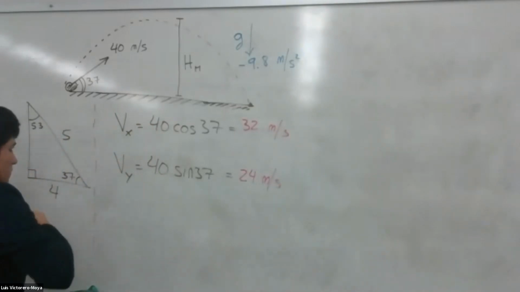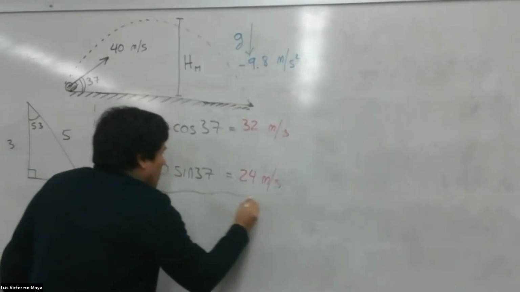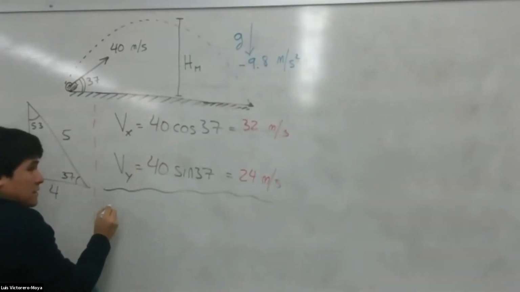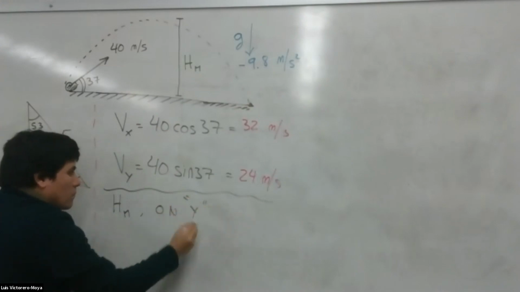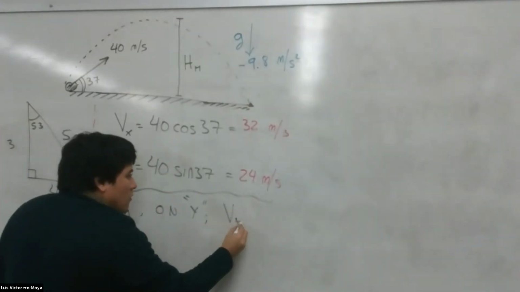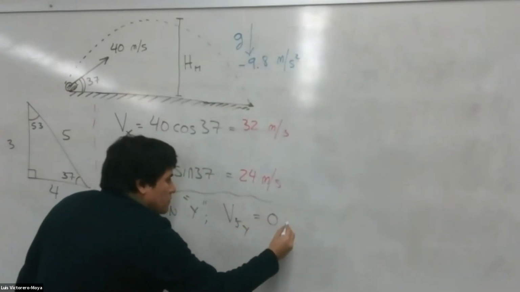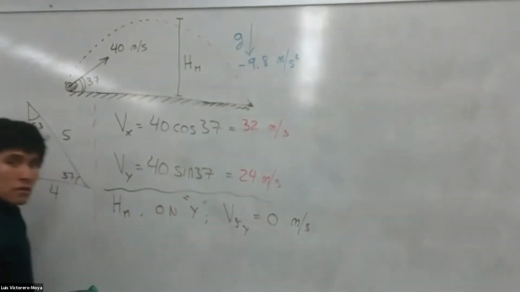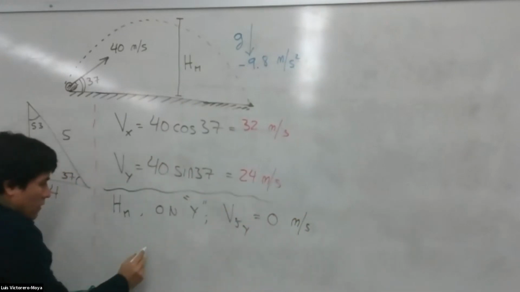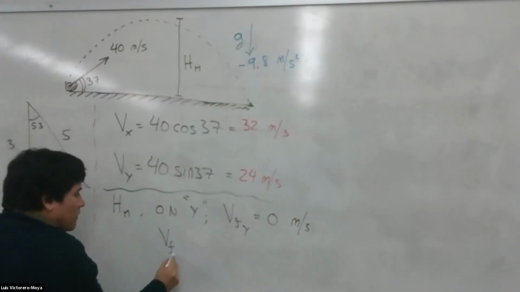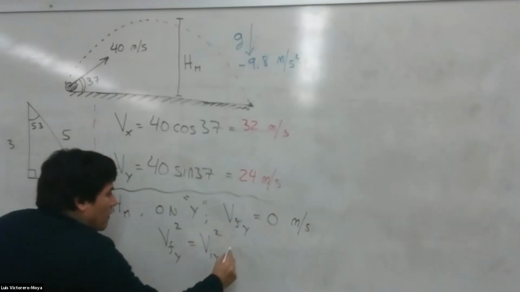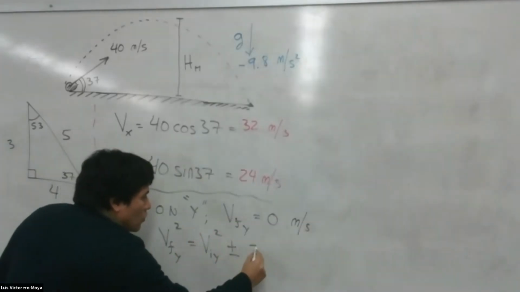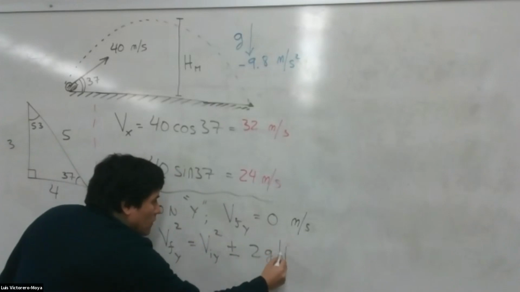On Y, the maximum height on Y, so for the maximum height on Y, the final velocity is 0. So I can use the equation V final on Y squared equals V initial on Y squared plus or minus 2g H max.